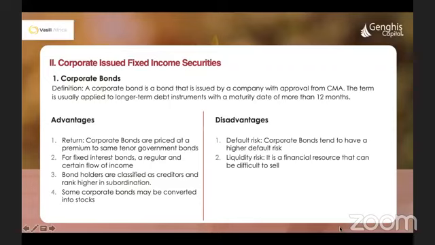Also, they pay regular inflows in terms of coupon payments. Then they're usually classified higher in terms of the subordination classification of the balance sheet. And some bonds may also give investors the opportunity to convert their investments into equity securities of that specific entity, which is the issuer.